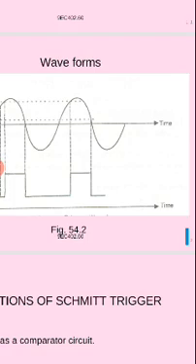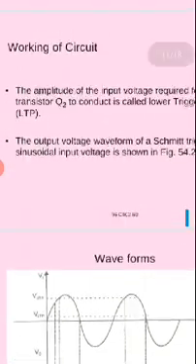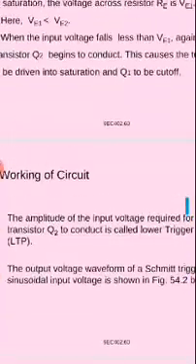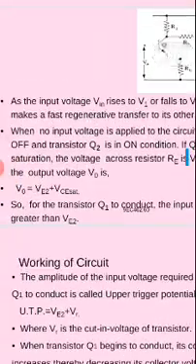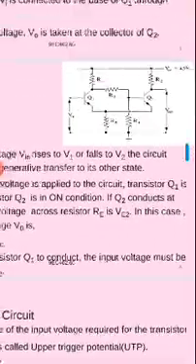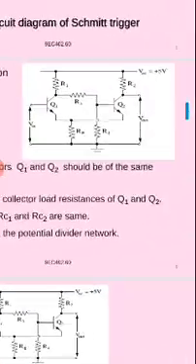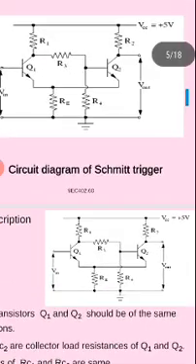We discussed waveforms of input and output, LTP and UTP points, working of circuit. We discussed circuit details also. Circuit diagram of Schmitt trigger discussed.